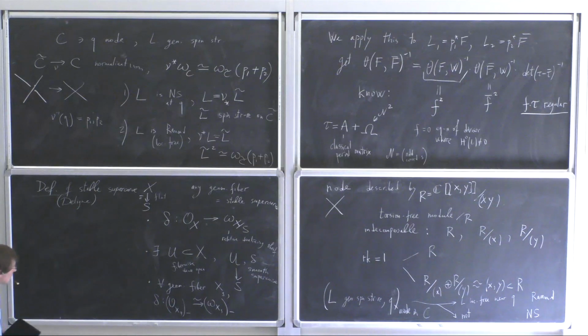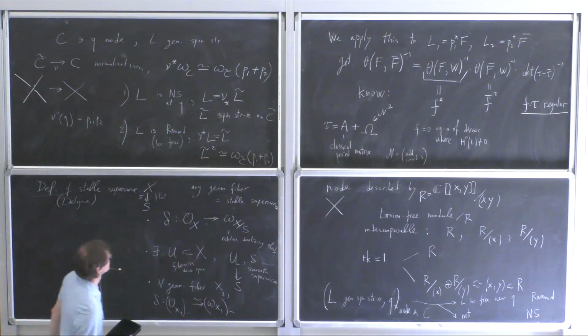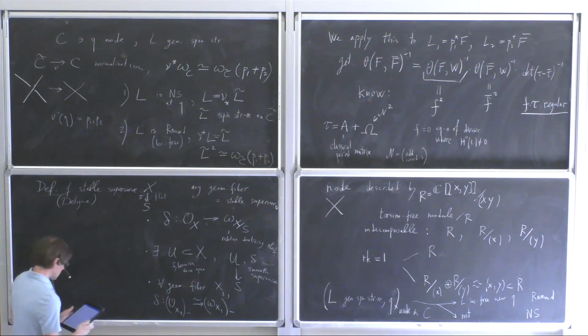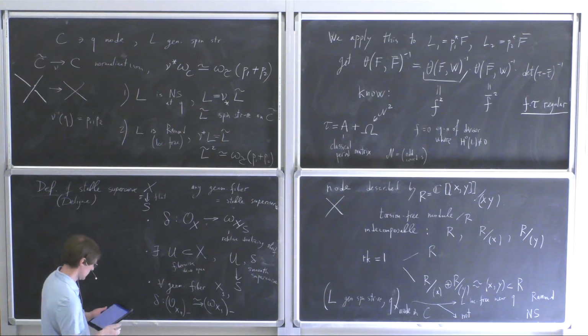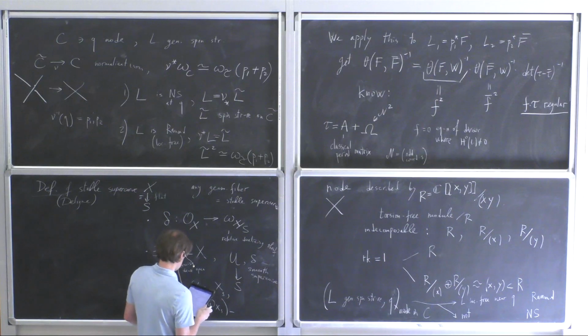But this is actually already contained implicitly in my description of stable supercurves over a point, so you can forget about this. There is a local description of how this should look near the nodes, but maybe I'll skip it for now, and I'll just tell you the general theorem.